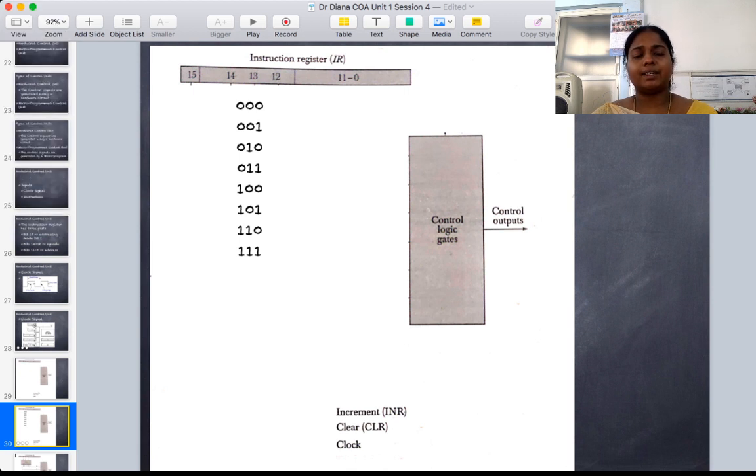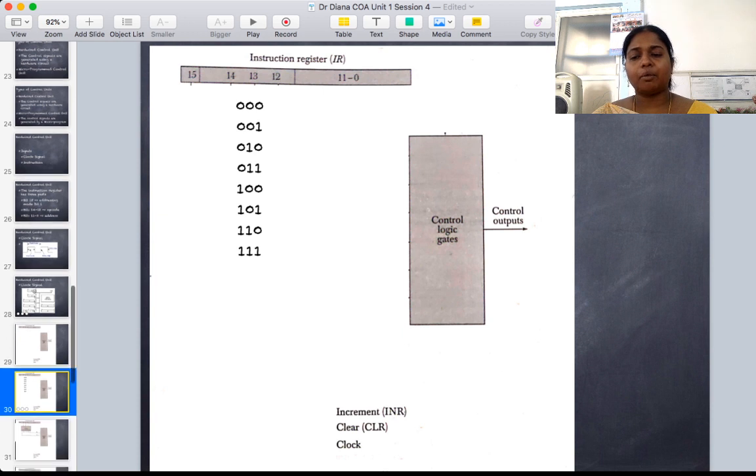These 8 are the values that can be given in the 3 bits. I need to generate 8 different signals out of these 3 bits. So what circuit should I use for indicating these 8 operations differently and uniquely?